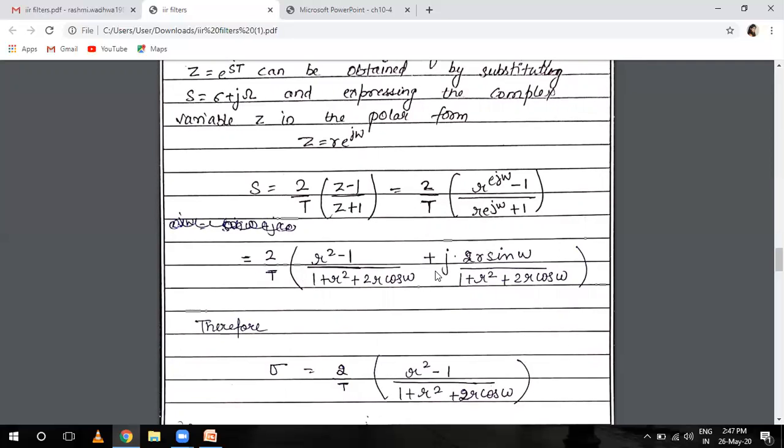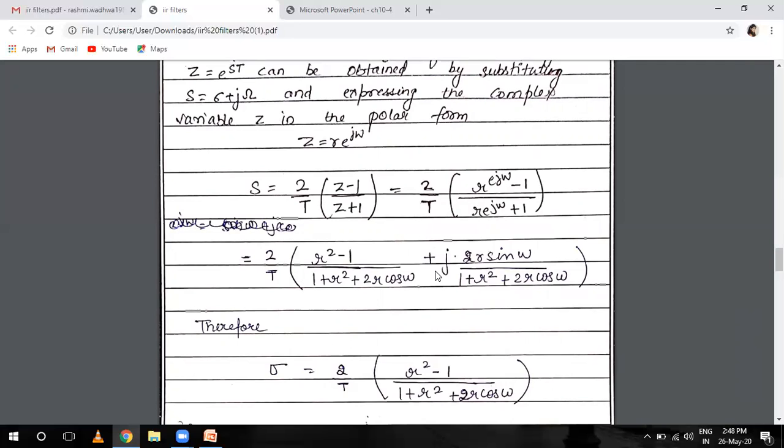When we put z equals r e^(j omega) into s equals 2 by T into (z minus 1) upon (z plus 1), then it is equal to 2 by T into (r e^(j omega) minus 1) upon (r e^(j omega) plus 1).